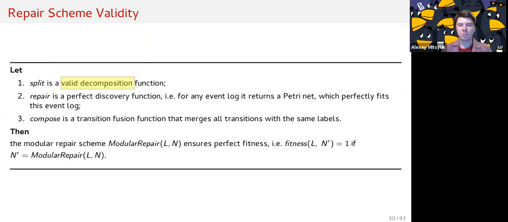And simply speaking, decomposition is valid when all transitions in the initial model have unique labels, and we split this initial model into subnets only by cutting using these transitions with unique labels.